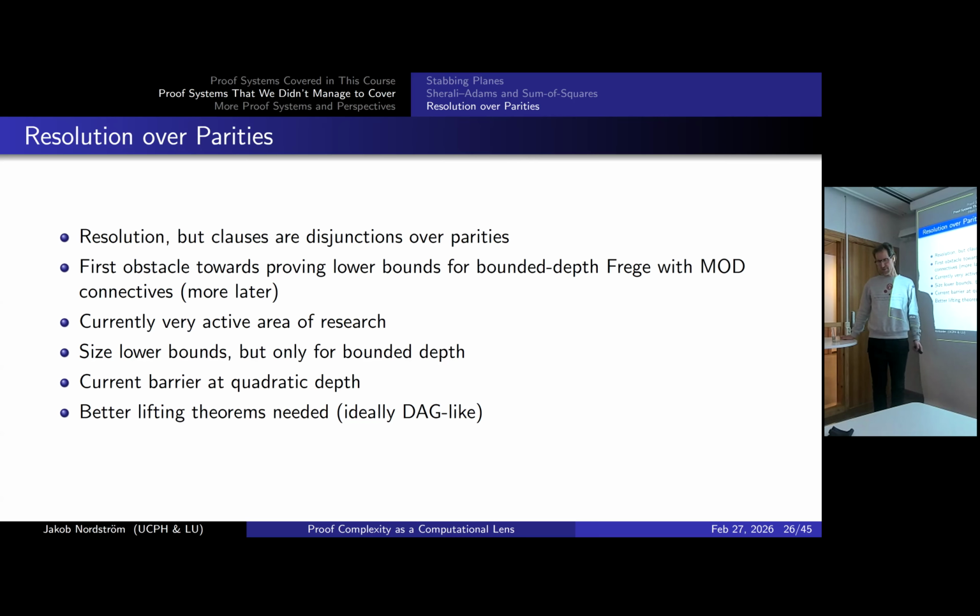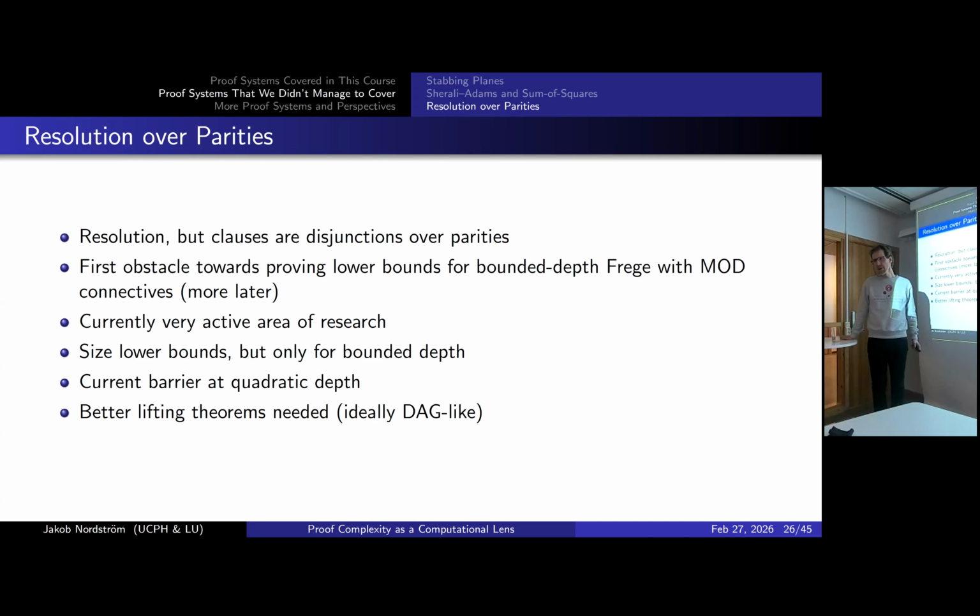And that's why it's so interesting, and it's very exciting that things have been moving. There have been a lot of papers recently proving superpolynomial size lower bounds, unfortunately only for resolution over parities refutations of bounded depth, where I think there seems to be a barrier somewhere around quadratic depth.